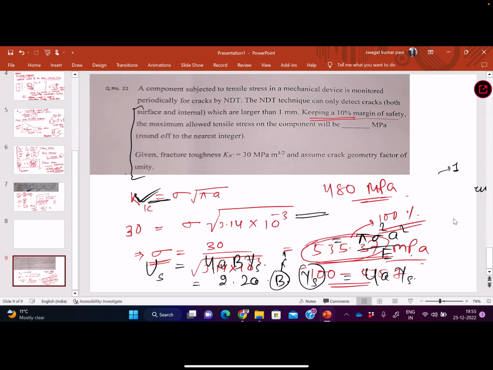The maximum comes around 757 without the factor of safety, which is much higher than that.